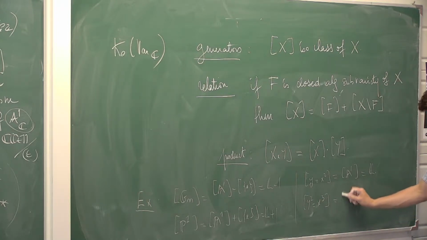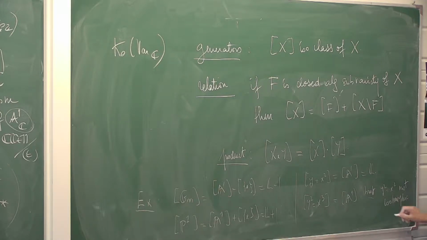Now, if you look at the class of the cusp, then this is also the class of A1, but you know that the cusp is not isomorphic to A1.